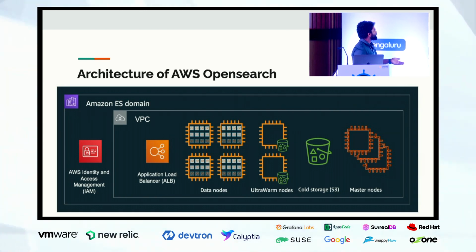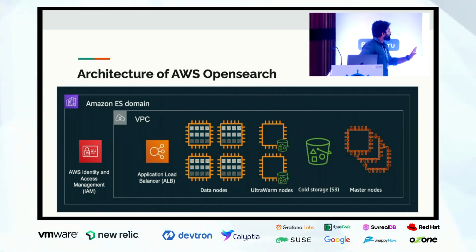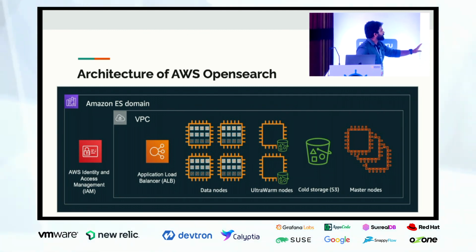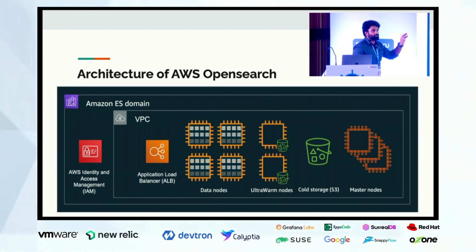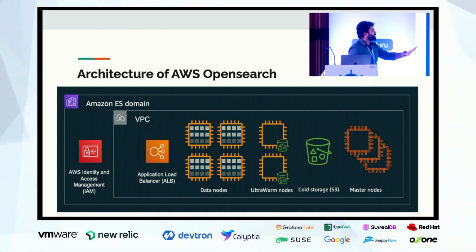The architecture is something like this; I'll take it from the VPC level. We'll have the application load balancer, and it will have the data nodes, then ultra warm nodes, then cold storage and master nodes. A master node is not mandatory for OpenSearch to run, but if we ignore it, there are certain issues or challenges that we will need to face.